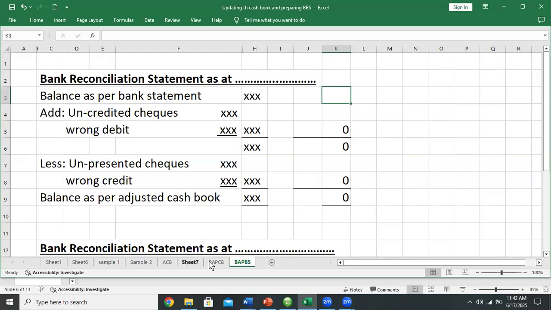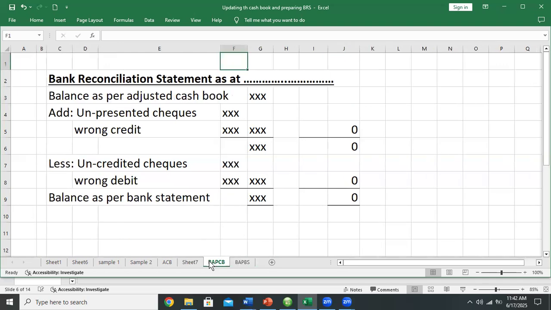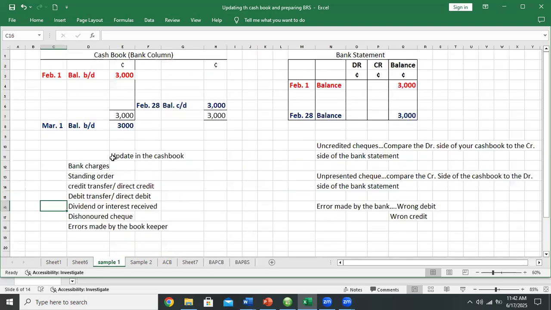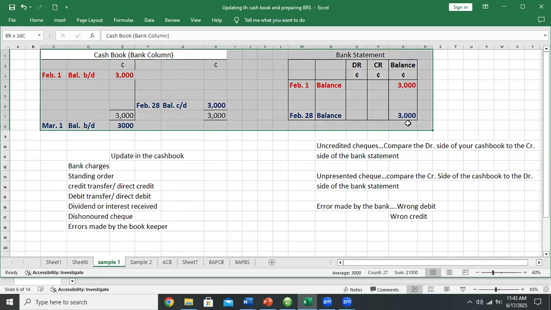But let me make you appreciate the add and less so that at least it will make sense. So let me come here. So professors, if you look at this cash book and this bank statement, right? Okay. You see that there's a positive balance. Our cash book is showing a positive balance, debit balance, and our bank statement is also showing a positive balance, 3,000, 3,000. Let's pick unpresented check, right?